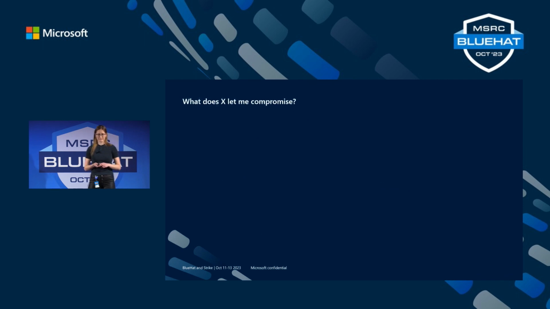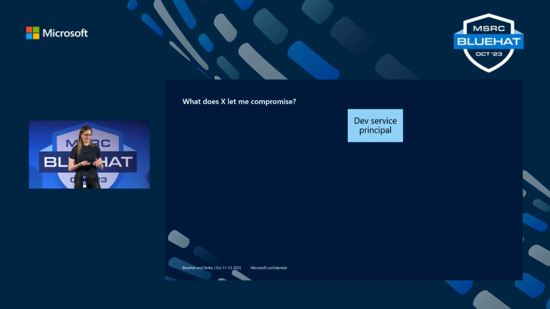So I can give you some examples of what this allowed us to answer. The first case would be: what does this thing let me compromise? What does this node that we know has been compromised give the attacker access to, and where can they go with that?